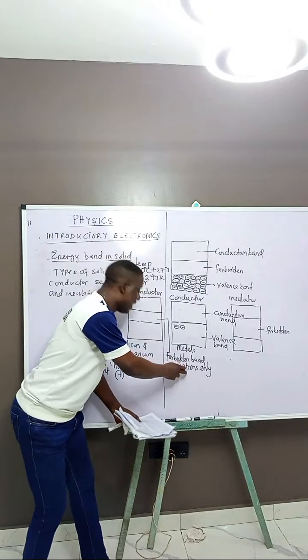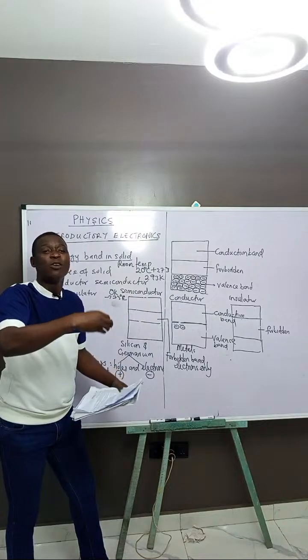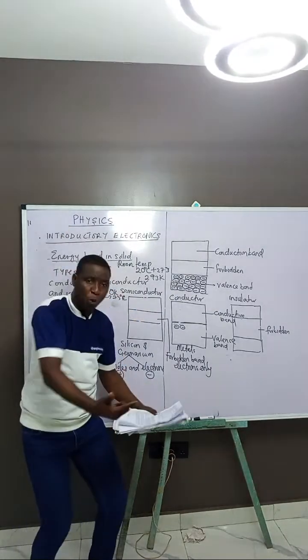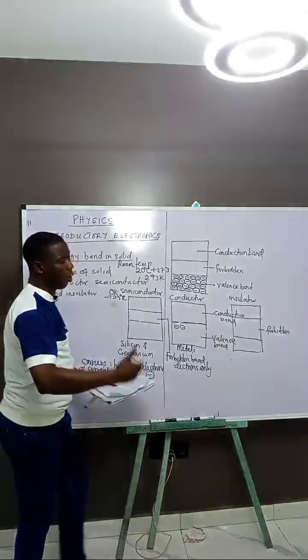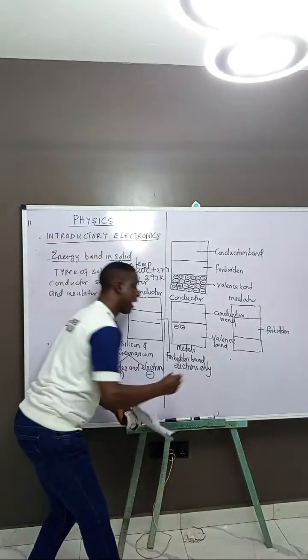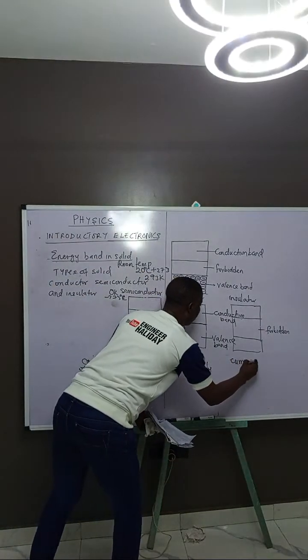So in that case, the electron is the only charge responsible for carrying current in crystals of conductor. What about the insulator?